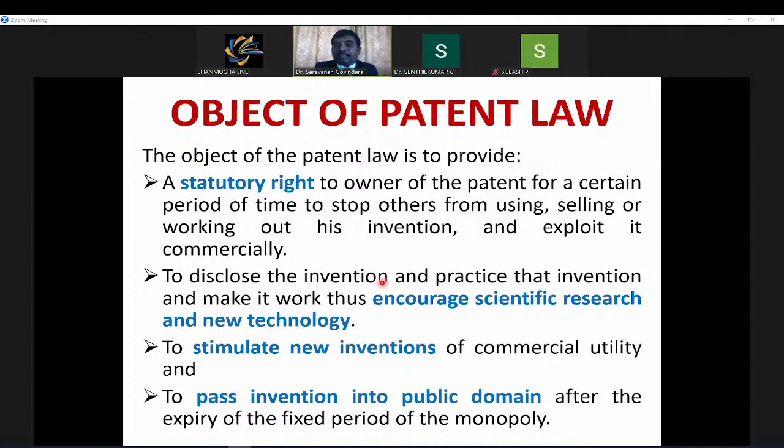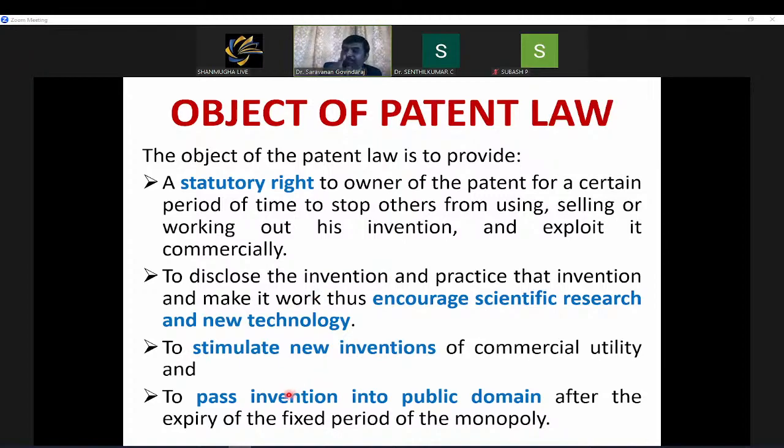But what are the advantages? When it is kept in a public forum, we can get scientific knowledge, and that will be helpful for future research. By using that particular thing, some other new invention will come.